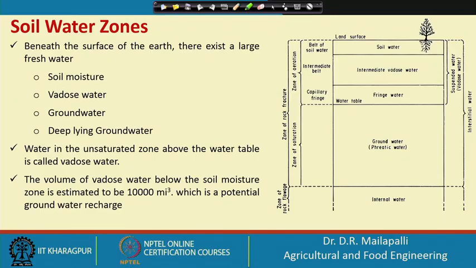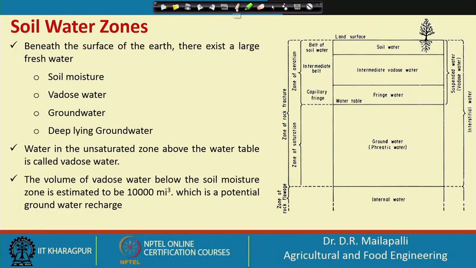To understand that, we need to know the soil formations, the different soil water zones, what is an aquifer and what is not a good aquifer, and the aquifer properties. In this lecture we will be focusing on aquifers and their properties.